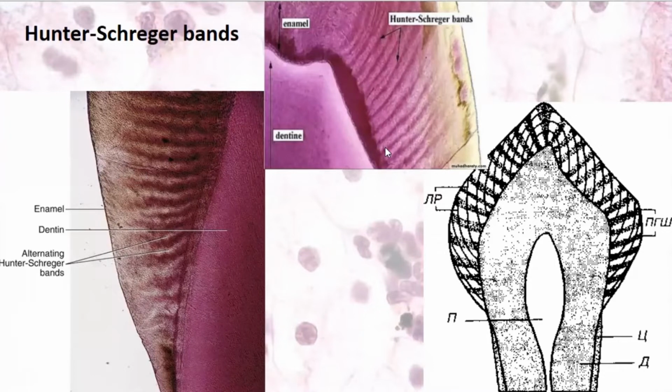We can see them here. They are formed as a result of different directions of enamel prisms. They have an S-like direction, and this localization of enamel prisms results in the formation of the bands. They have a radial direction.